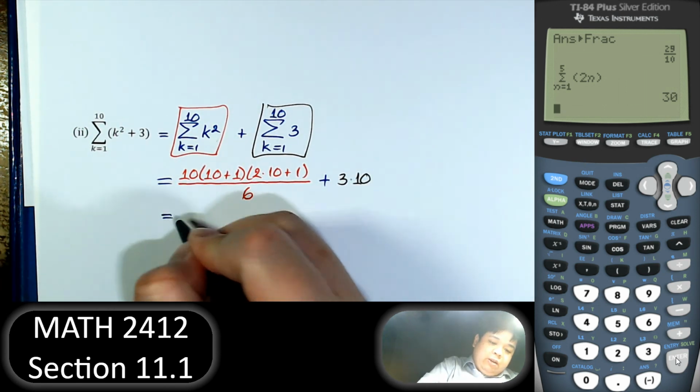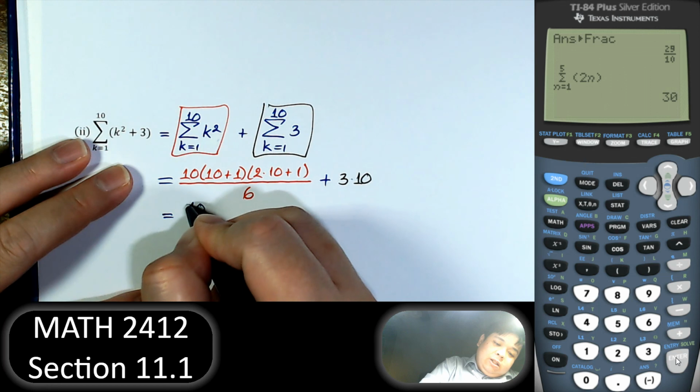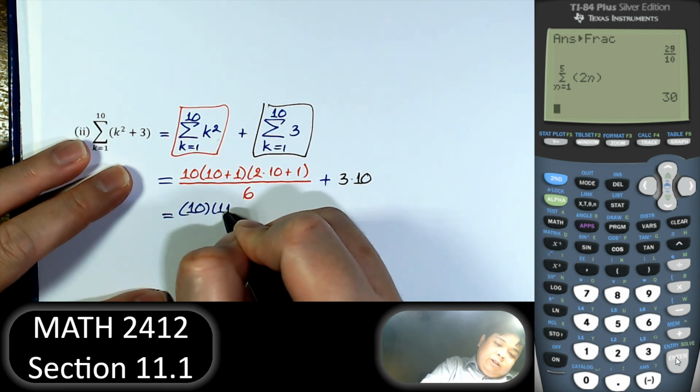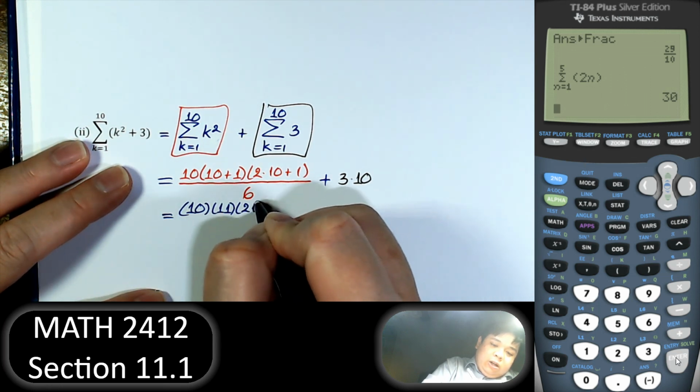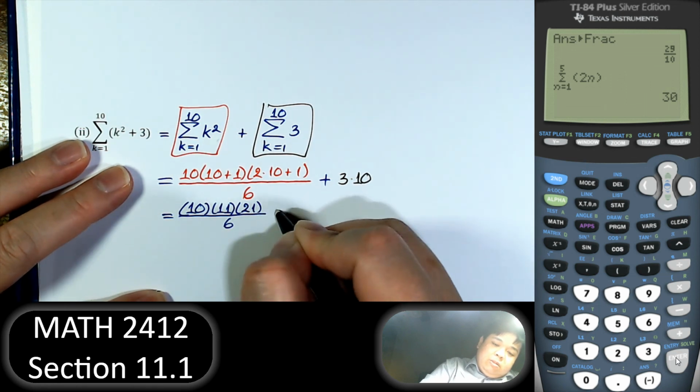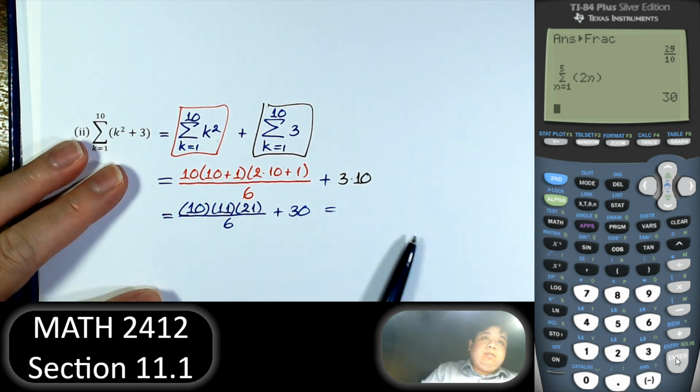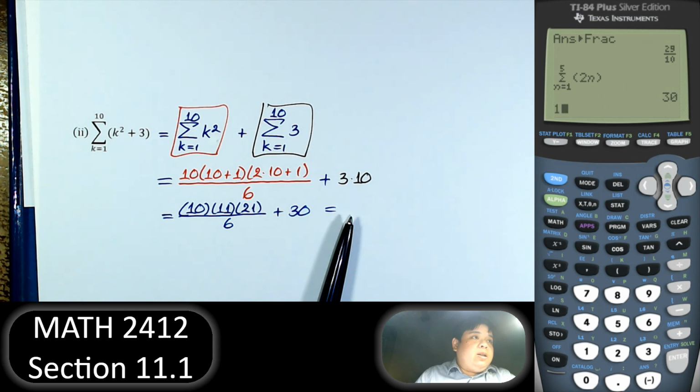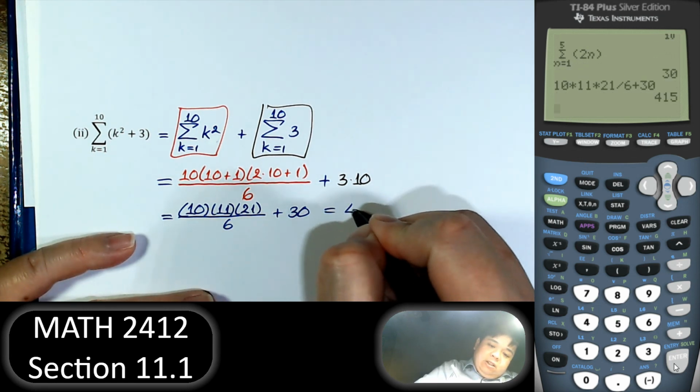And so we have 10, 11, and 21 divided by 6 plus 30. 10 times 11 times 21 divided by 6 plus 30 is 415.